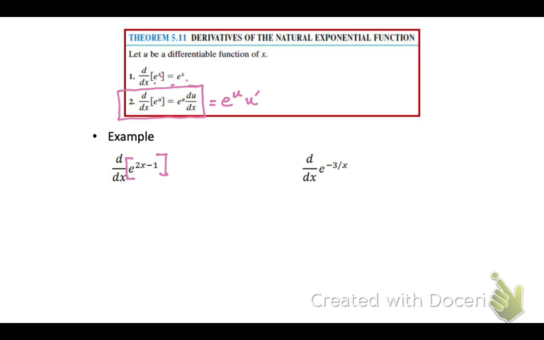So, what is my u? 2x minus 1. So u is 2x minus 1, and u prime is 2. So it would just be e to the 2x minus 1, times 2. How about 2 e to the 2x minus 1? That would look much better, wouldn't it? I knew what you were getting at.